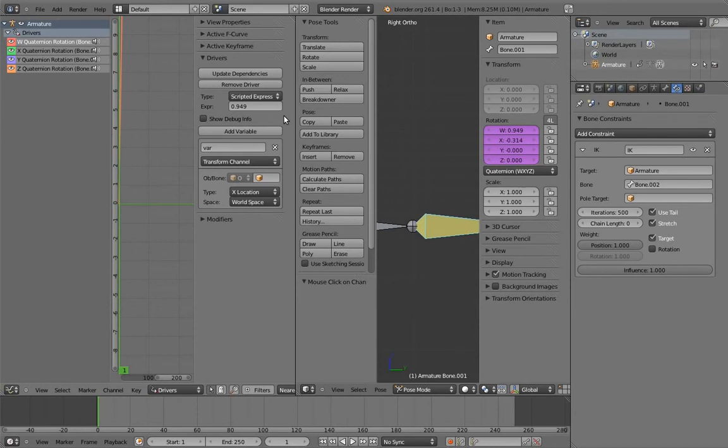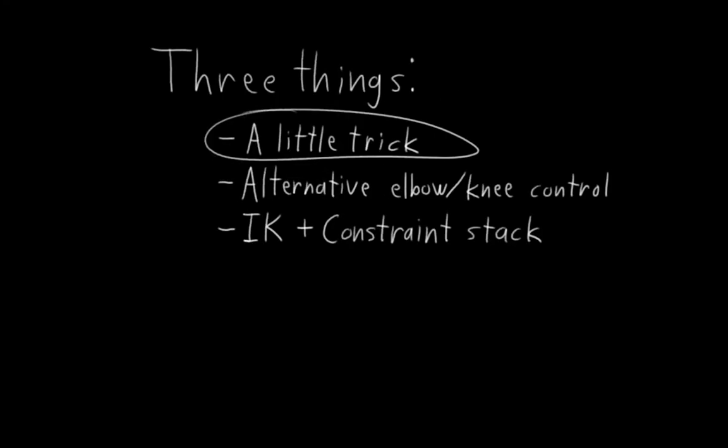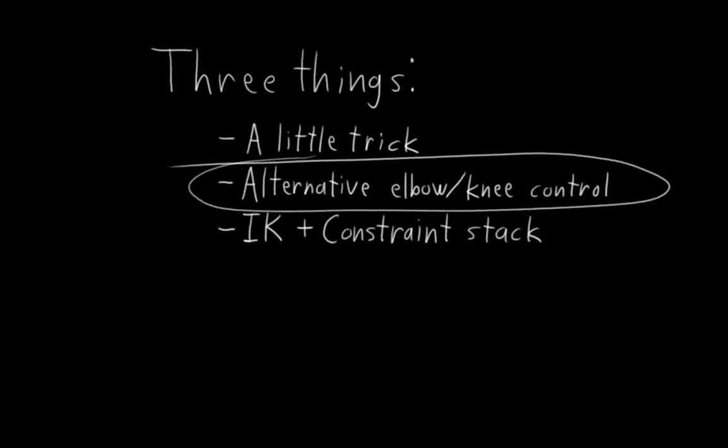That makes adding drivers a convenient way to lock almost anything in a rig. And that's the trick. Just bend the forearm bone in pose mode, and add drivers to the rotation channel. Your arms can then be as straight as you want in edit mode. I like to call this IK hinting, because we're giving the IK solver a hint about how we want it to position the arm.